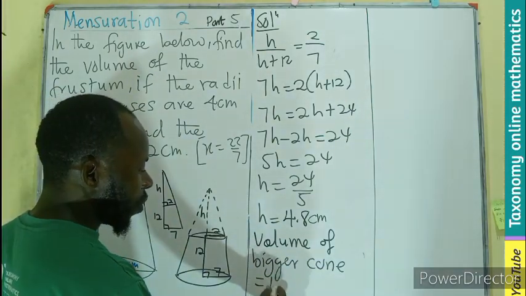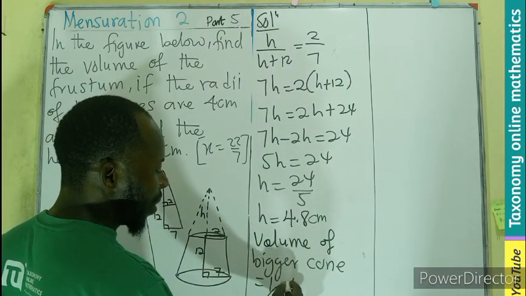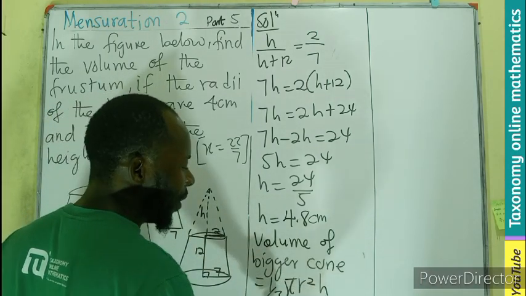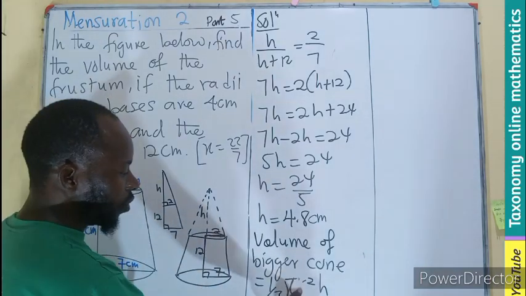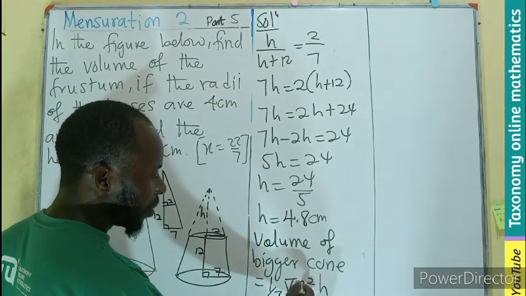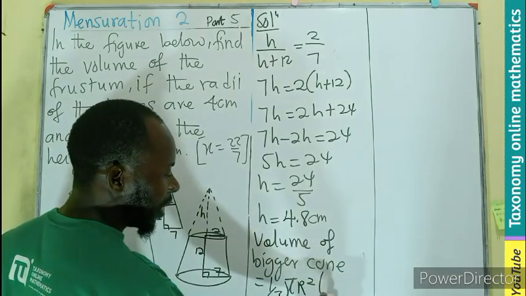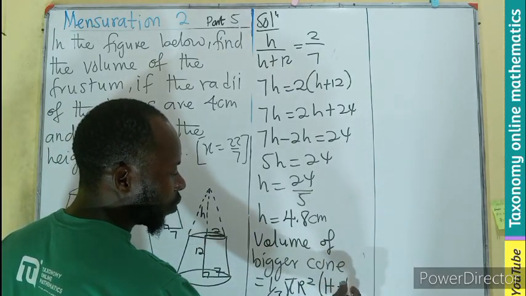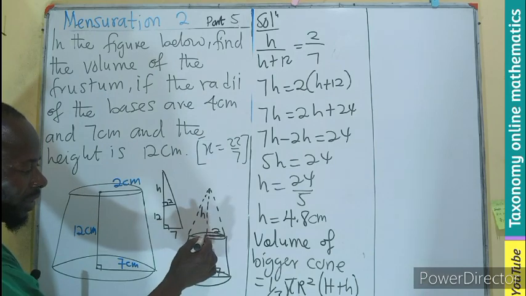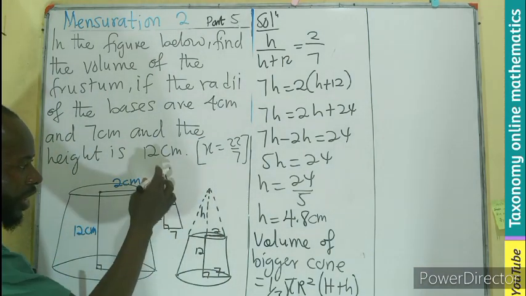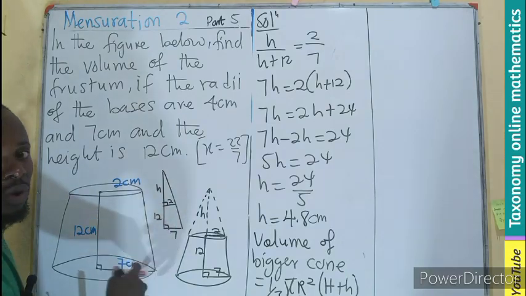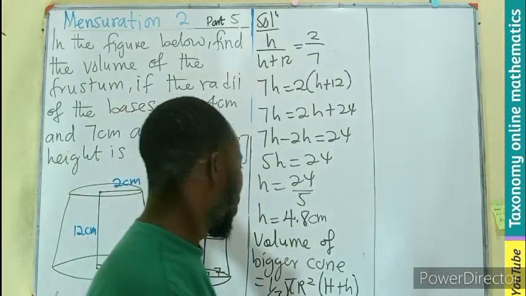We know it is 1/3 pi r squared h. But in this case, what is the r? R is the base. We use capital R. What is the h? The h is capital H plus small h. This is the capital H, this is the small h. If you add this and this, it gives you the complete height of the complete cone.